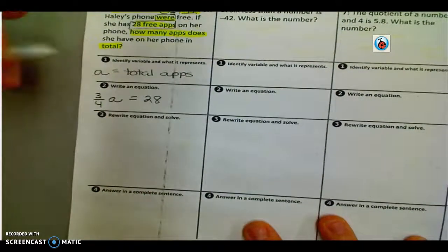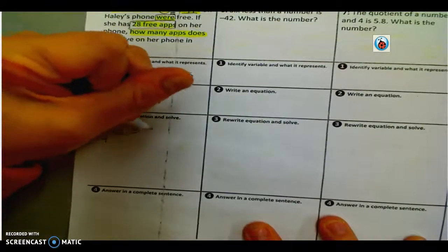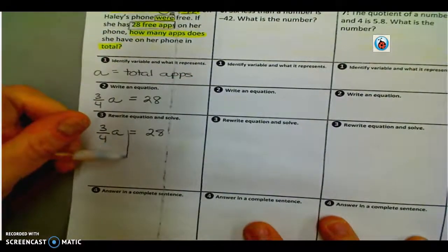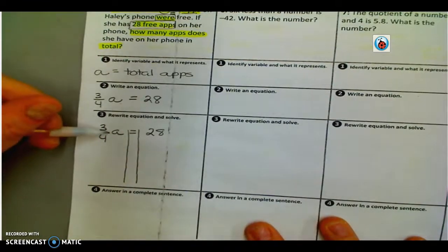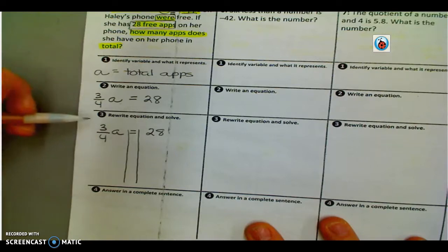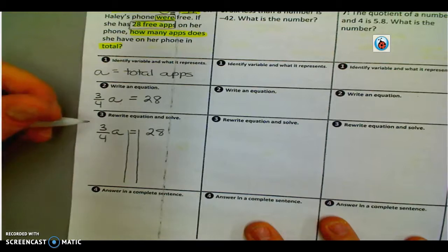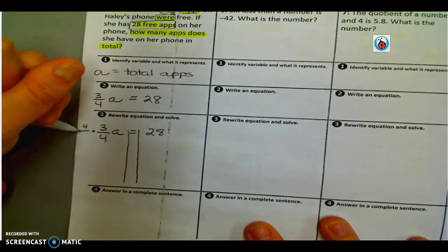All right? So now let's go back and do the equation. 3/4 A equals 28. All right, so we talked about this, and we said that, yes, the opposite of multiplying is dividing. But when you're dividing by a fraction, we end up doing keep, change, flip, which means we multiply by the reciprocal. So we're going to go ahead and multiply both sides by the reciprocal.